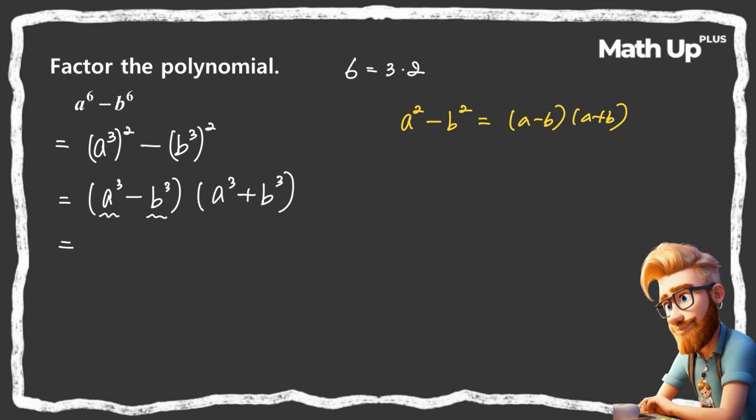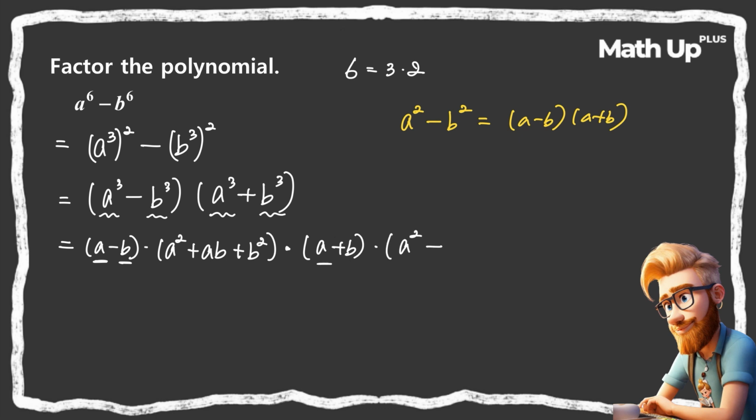Cube minus cube, that's a minus b times a squared plus a times b, ab plus b squared, times, if we have cube plus cube, that's a plus b times a squared minus a times b, ab plus b squared, right? So our factoring is complete.